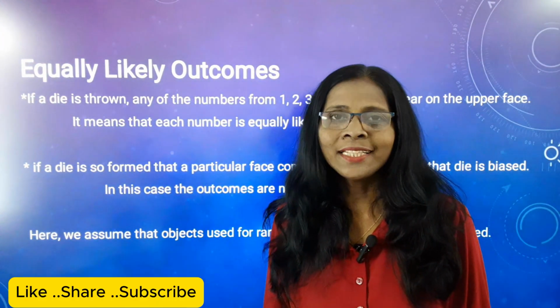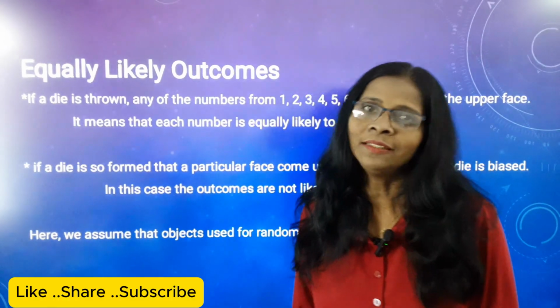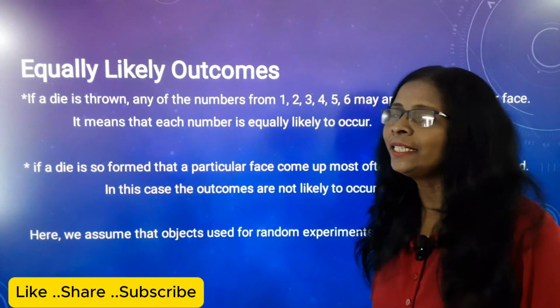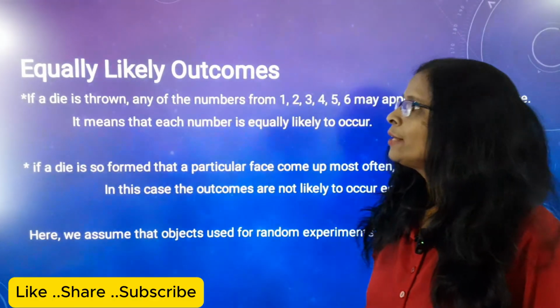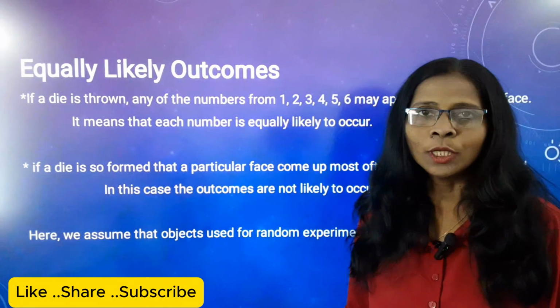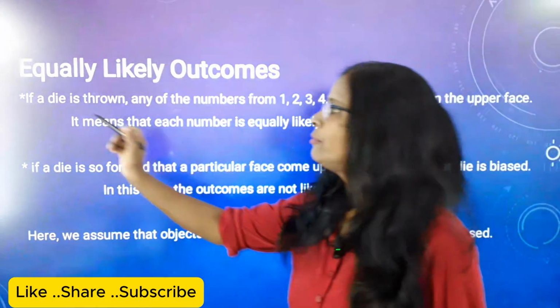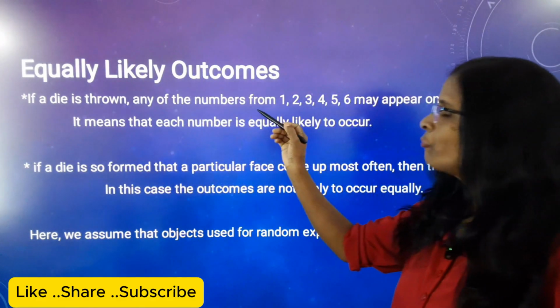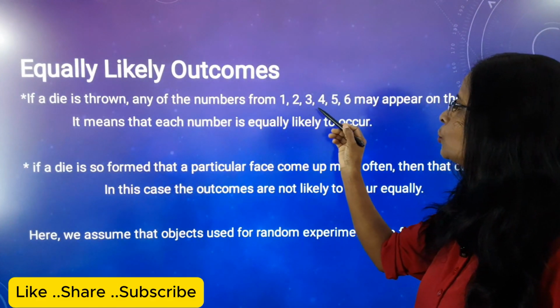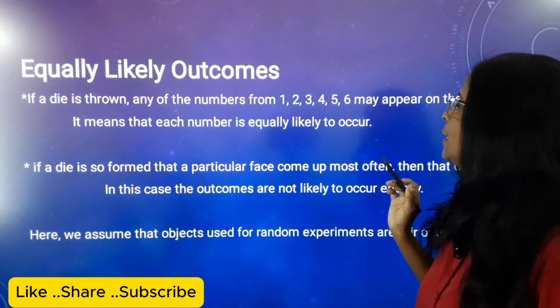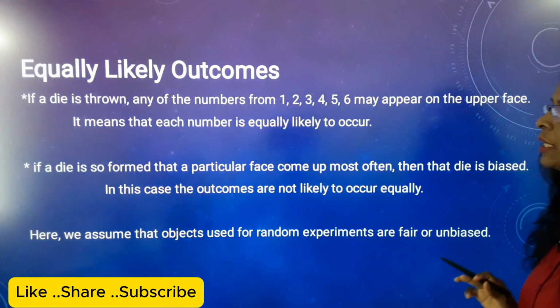So here let us see the next topic, that is equally likely outcomes. What are equally likely outcomes? If a die is thrown, any of the numbers 1, 2, 3, 4, 5, 6 may appear on the upper face.